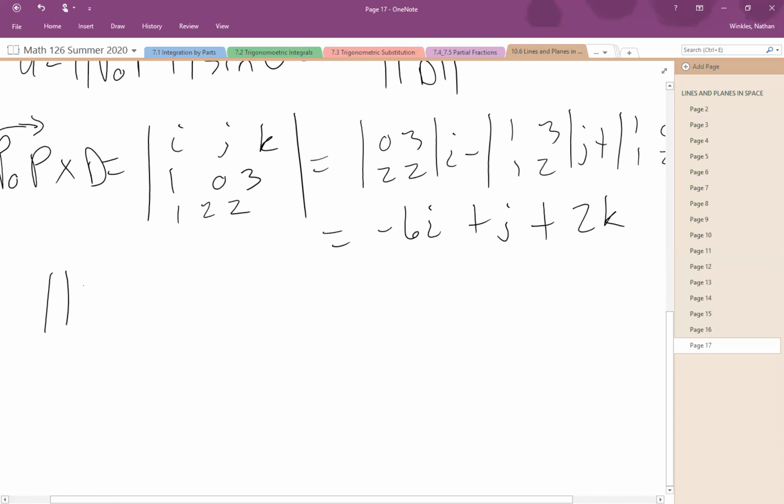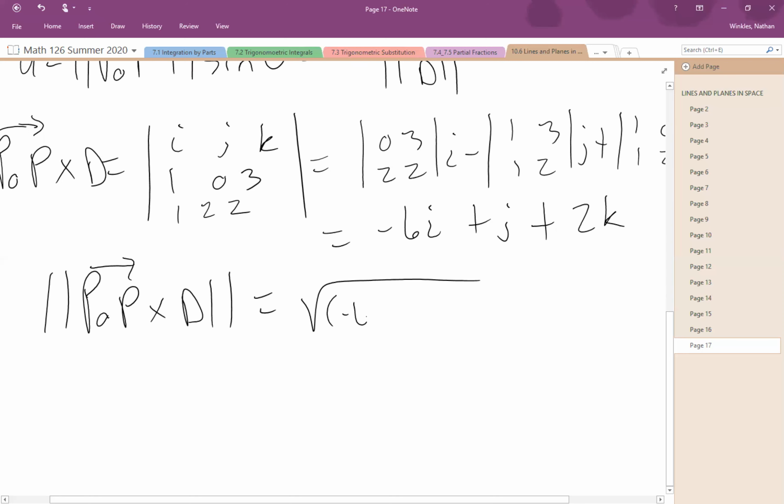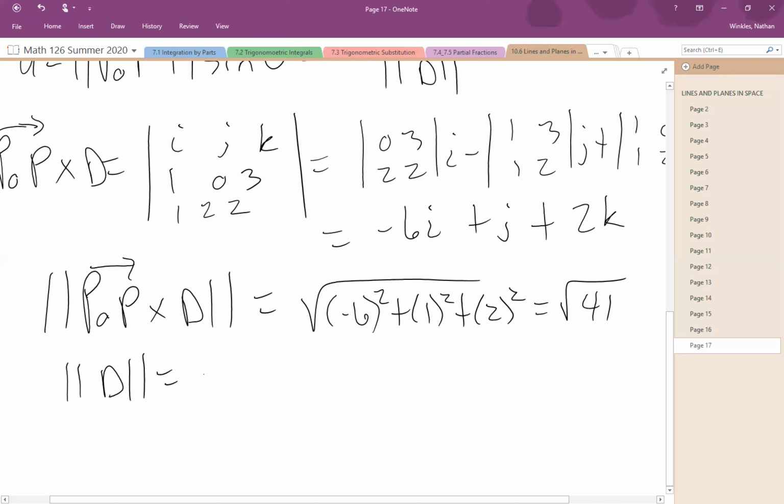The magnitude of P0P crossed with d is the square root of negative 6 squared plus 1 squared plus 2 squared, which is the square root of 36 plus 1 plus 4, the square root of 41. The magnitude of d is the square root of 1 squared plus 2 squared plus 2 squared, which is the square root of 9, which is 3.